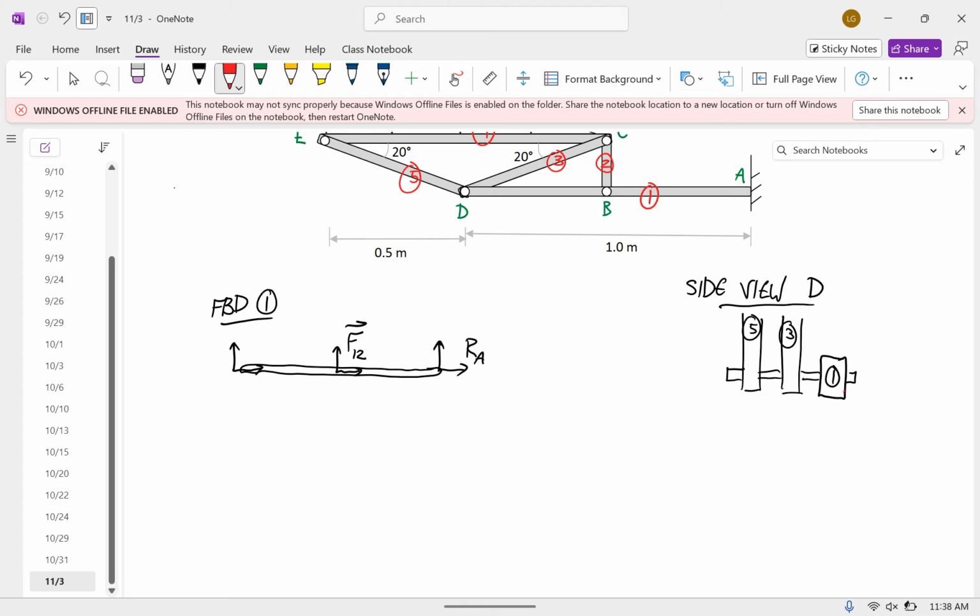And the pin is part of member 1, so this is all member 1. So from this, you can see that acting on member 1 there's an F13 and there's also an F15.